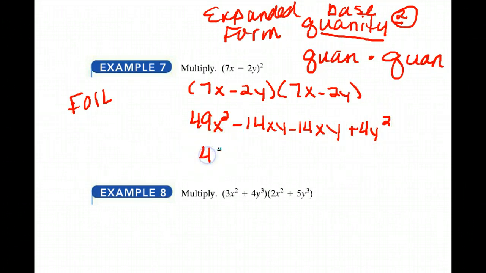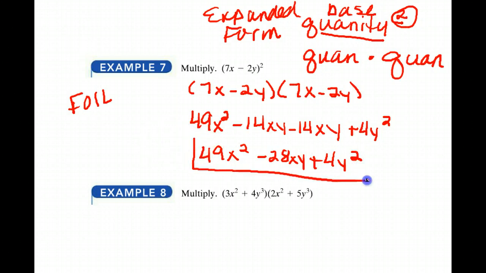We can combine our middle terms and have negative 28xy plus 4y squared. So as you can see, that is a very different answer than what one would have gotten had they just tried to bump that exponent into the quantity. Please always remember that you must expand that out and create two quantities that you must multiply together.